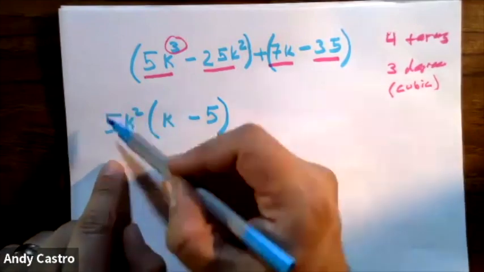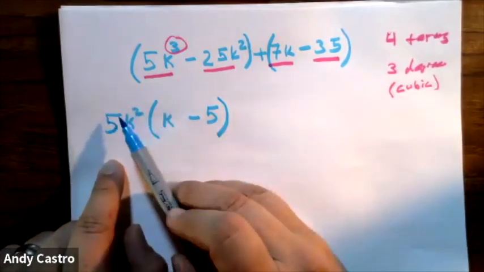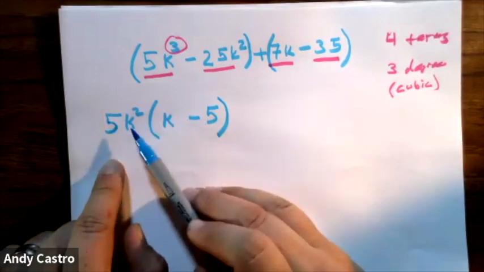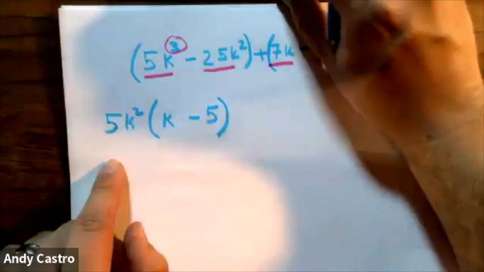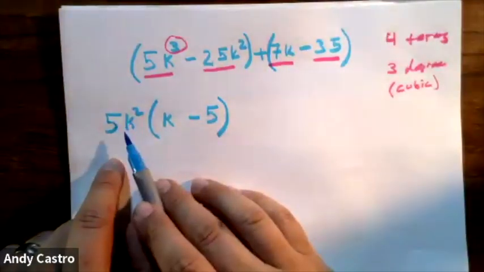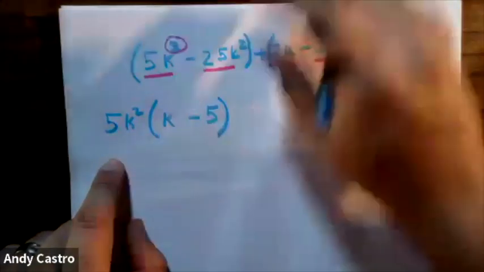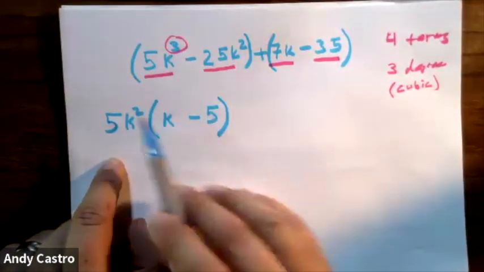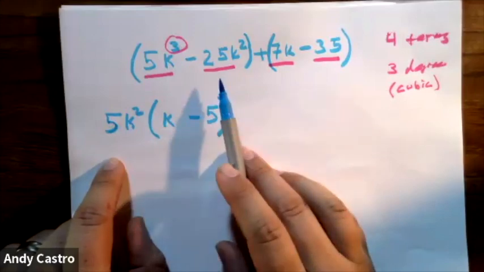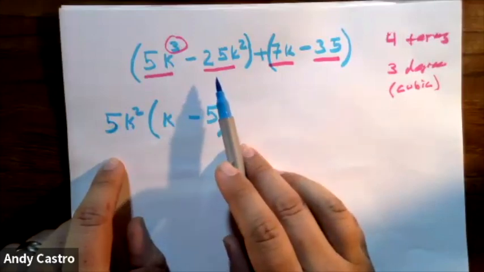And we can make sure that that is correct. If we multiply this back in, 5k squared times k is 5k cubed. Then we can also take the 5k squared and multiply that by the negative 5, and that becomes negative 25k squared. Okay.